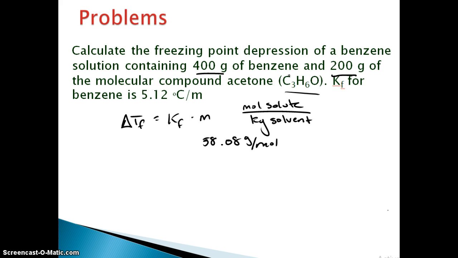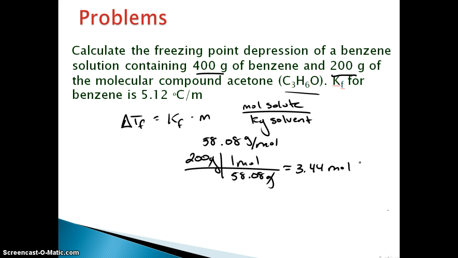Added all that together, got 58.08 grams per mole, which means if we're starting out with 200 grams, and we set up our conversion factors here, we are going to divide by 58.08 grams in 1 mole. The grams cancel, we're left in moles, and that came out to be 3.44 moles. Right, so that's our moles of solute.